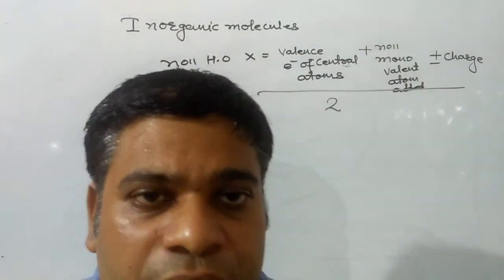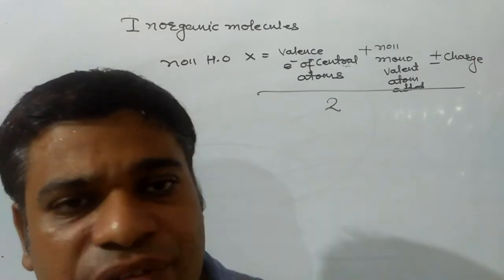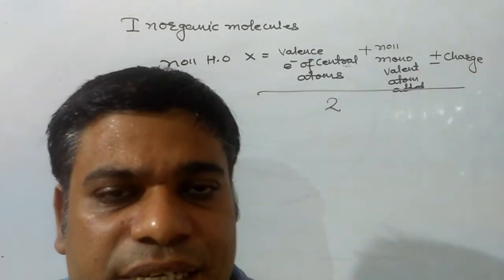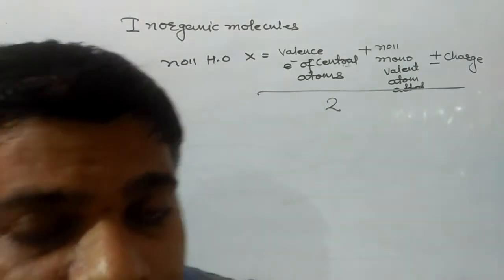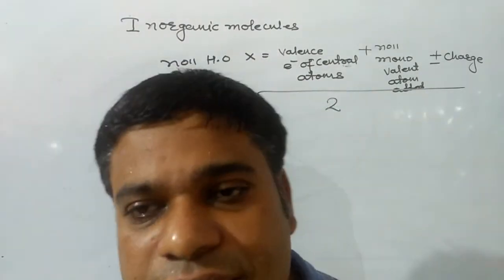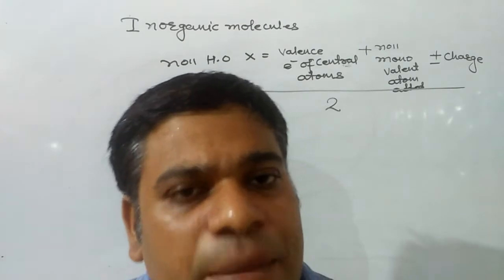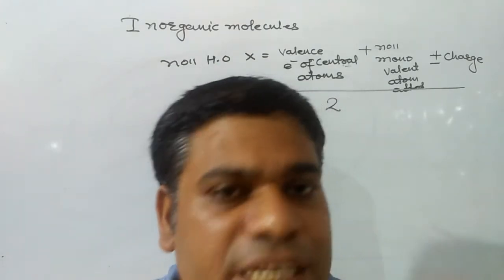If the number is 2, then it will be sp hybridization. If 3, then sp2. If 4, then sp3, but in some special cases, it can be dsp2 also.